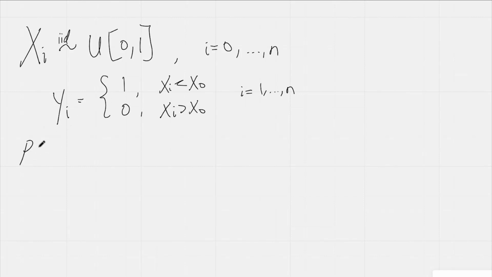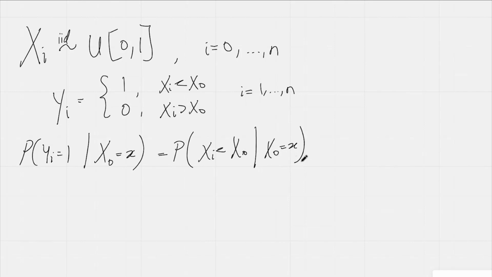What is the probability that yi equals 1? Well, you can see that it kind of depends on what x0 is. So let's suppose we know what x0 is. So let's suppose x0 equals some number x, and we want to investigate the probability that yi equals 1. Well, looking at how we've defined yi, it equals 1 when xi is less than x0. So this is equal to the probability that xi is less than x0 given x0 equals x.